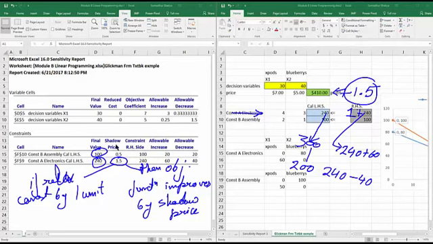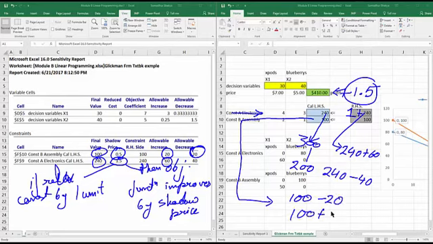Okay. Similarly, the shadow price of 50 cents is for the assembly department. Let's talk about the assembly department. The allowable increase is 20 and allowable decrease is also 20, which means anywhere between 100 minus 20 and 100 plus 20.